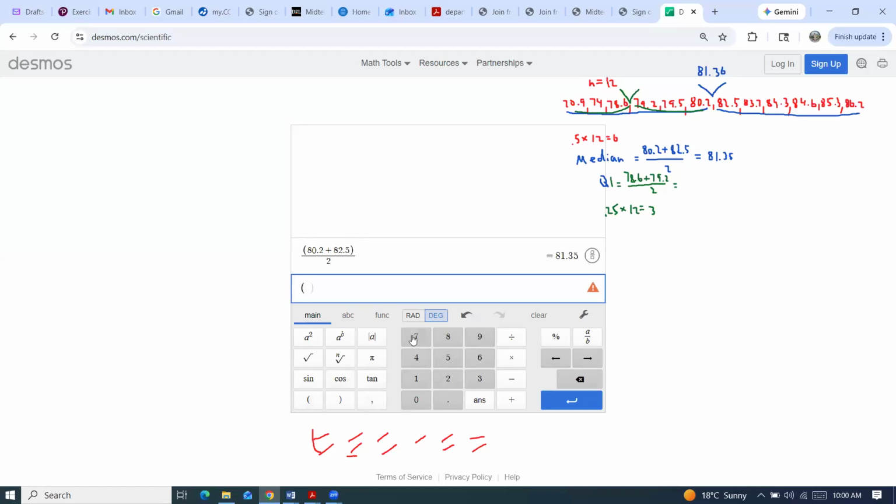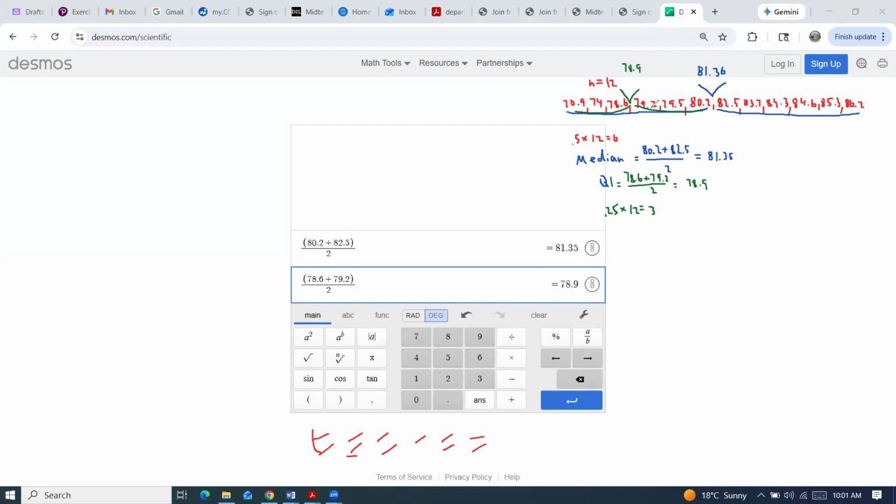So what is that? 78.6, add 79.2, and then if you divide the sum by 2, the average is 78.9. Okay. The first quarter, in a very similar way, you found: 78.9.